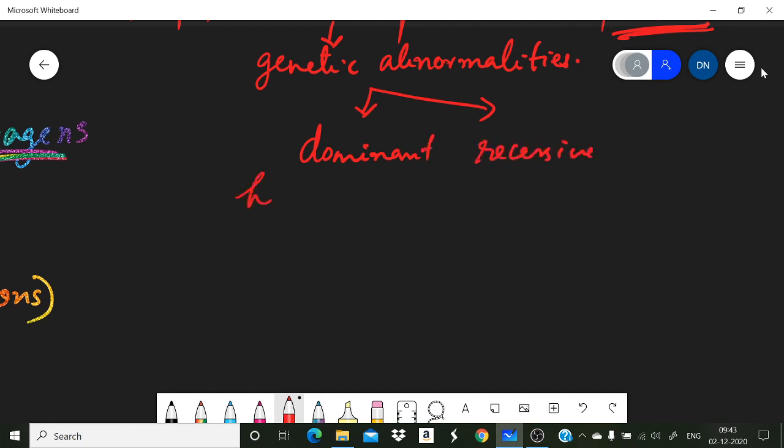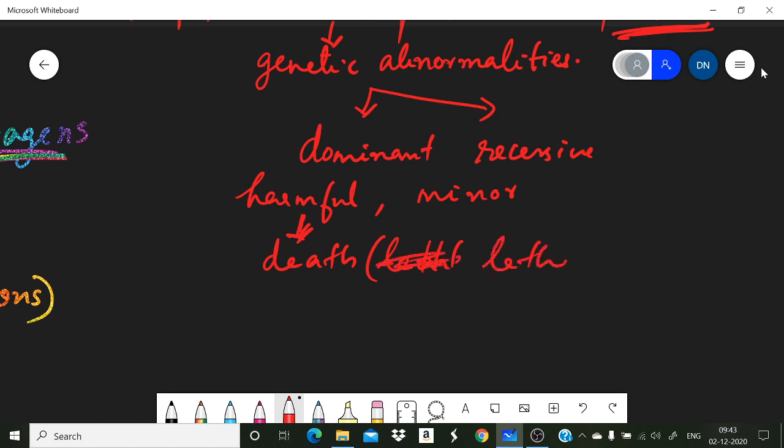Sometimes they may be very harmful, or sometimes they may be minor. Harmful means sometimes that may lead to death, or it is lethal. Lethal means it may cause death.